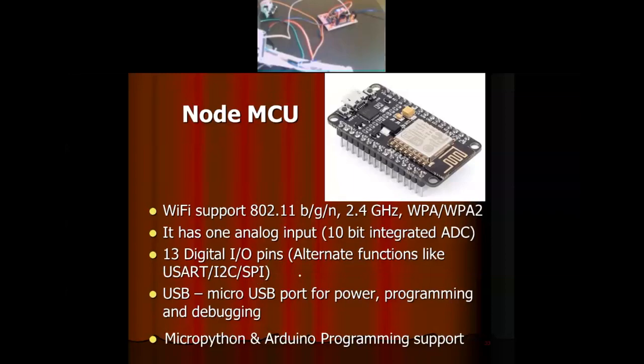It has a micro USB port for power, where you can connect your mobile charger cable to power this board. It can support MicroPython, which is a subset of Python programming, as well as Arduino programming. Today we will focus on the Arduino programming part. Although we can program this board with MicroPython also, it may not be possible for me to show the demonstration with MicroPython today, but I will show you the Arduino programming.